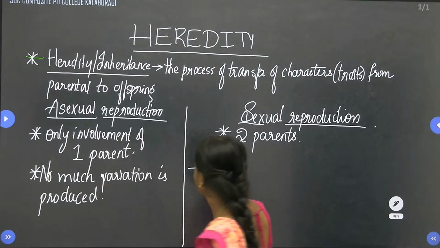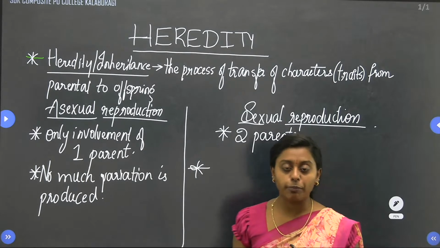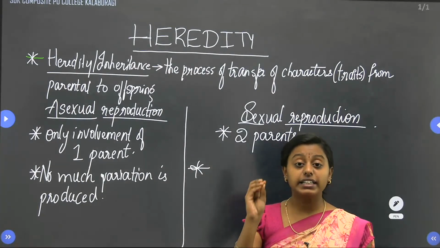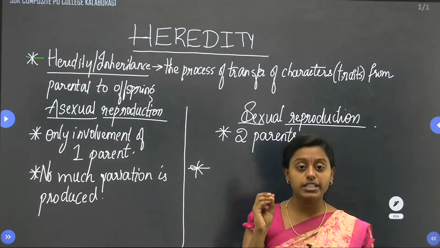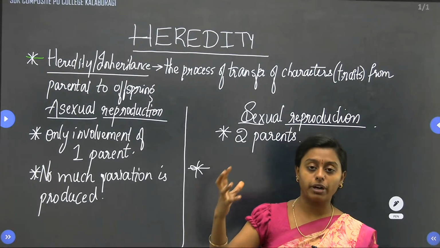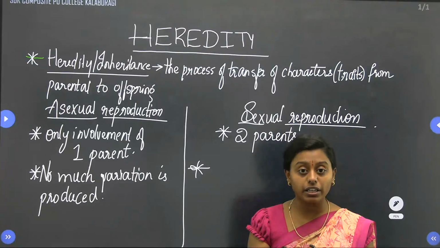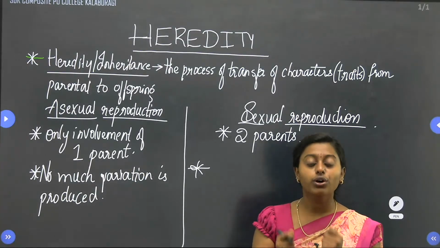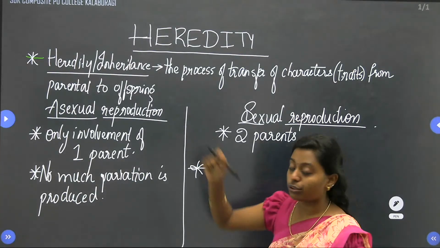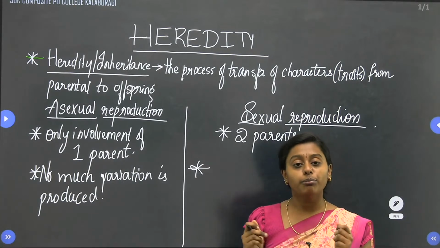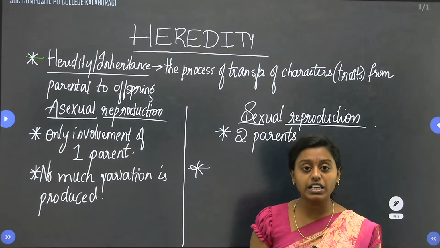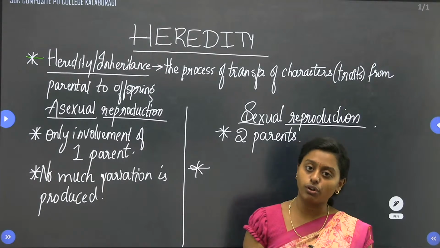But in case of sexual reproduction, since the factors called genes, gene from the mother and gene from the father, are going to be combined within the zygote, which is going to form the offspring, both the combinations can arise within a progeny or the offspring.